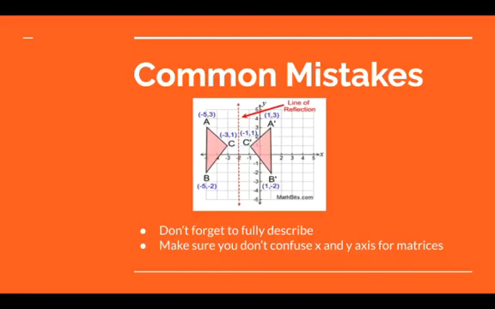Also make sure that you do not confuse the axes, the x-axis and the y-axis. The way you describe the x-axis is by saying y is equal to 0, so make sure you understand that fully and have a way to remember it so that you are not confused.